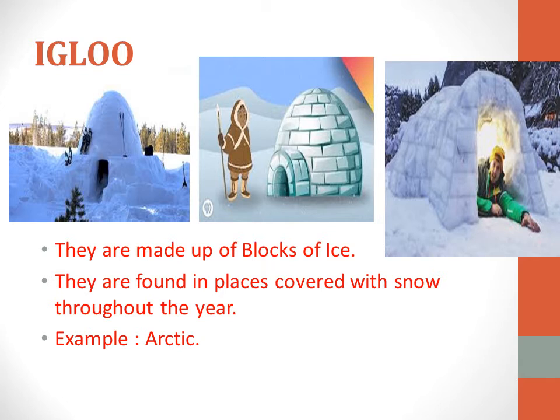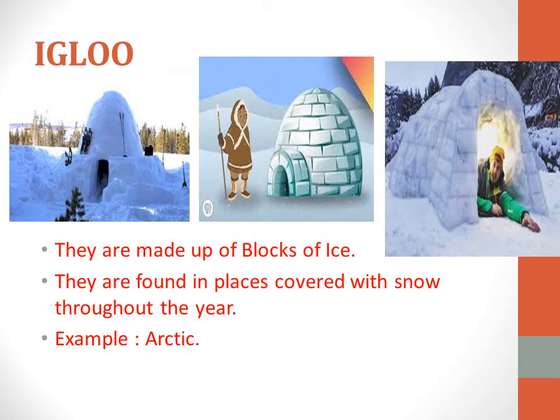We cannot see this type of house near your home because it is seen only in places where we have snow all through the year, where the sunlight is minimum, hence the ice will not melt. So these types of houses are found in places where we have snow all through the year.